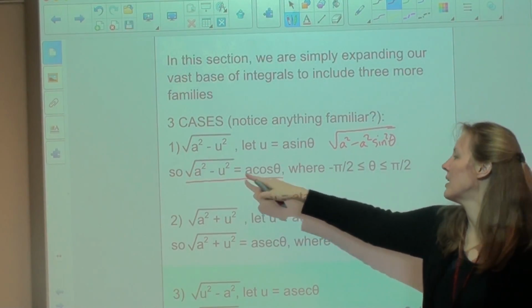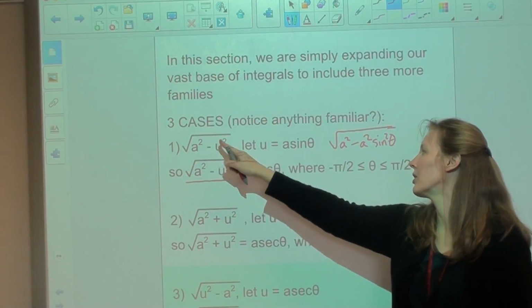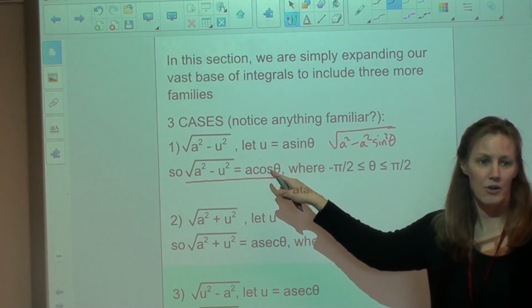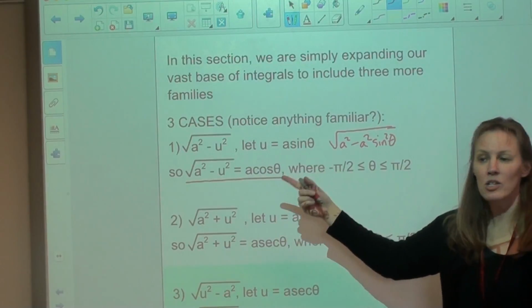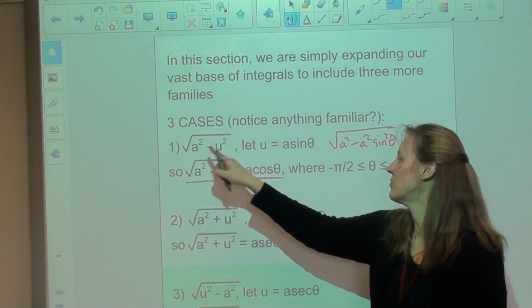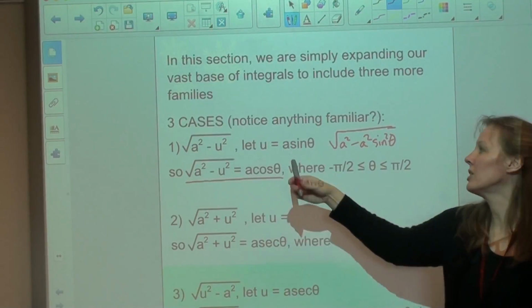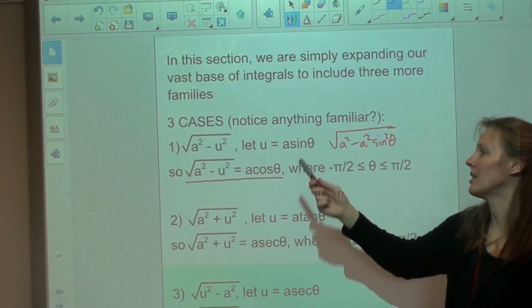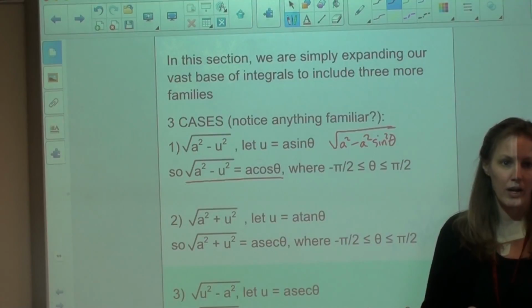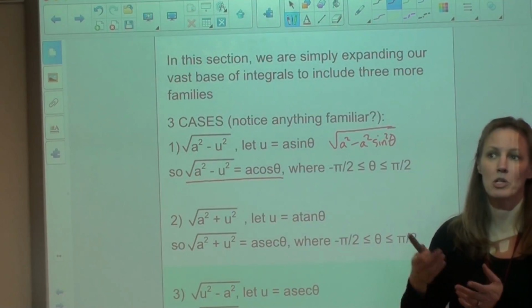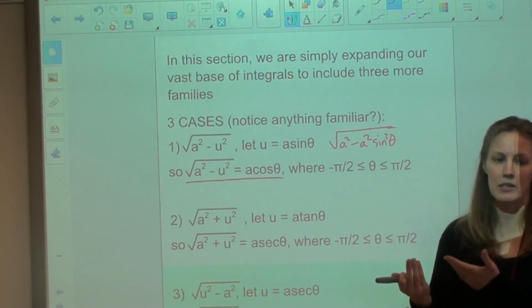So what this does is it kind of jumps from here through all the steps to here. And if you want to memorize that square root of a squared minus u squared equals a cosine theta, you still have to make sure that you let u equal a sine theta because you have to find du, right? You have to find your dx, and you have to make sure that you rewrite all the x's.